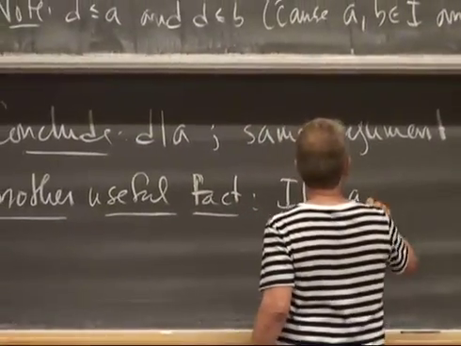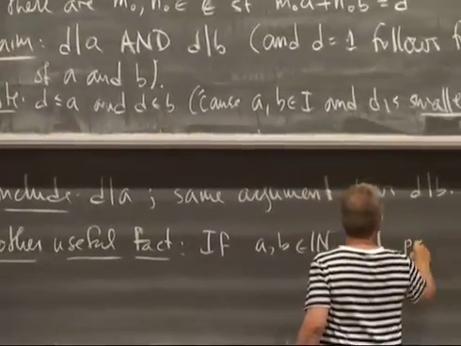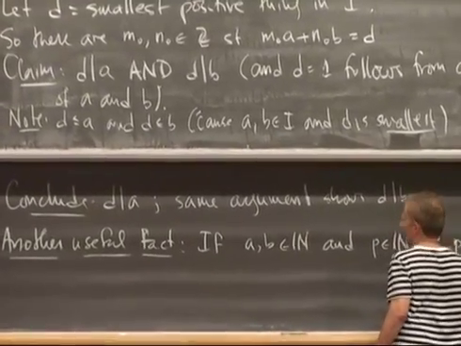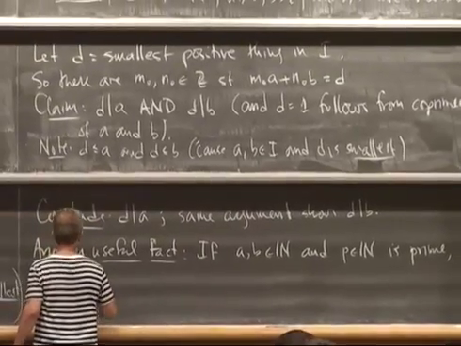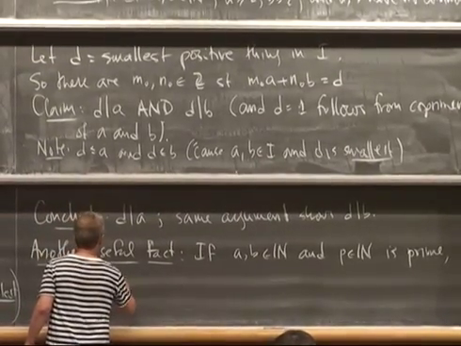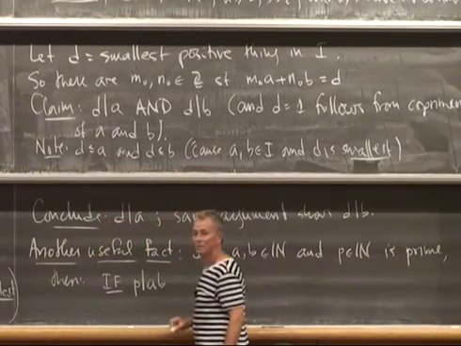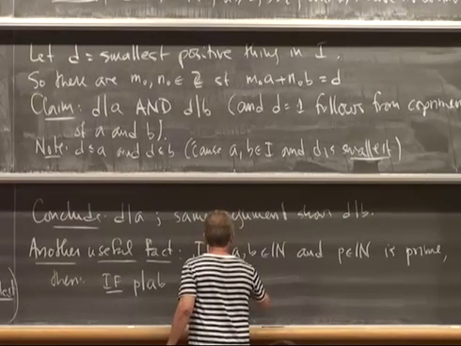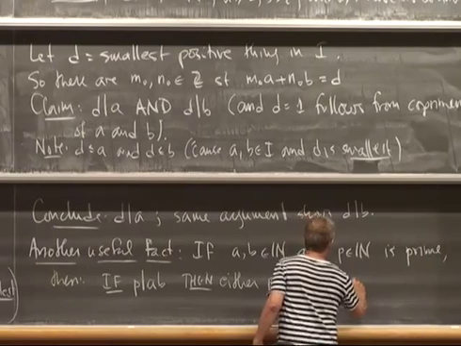If A and B are natural numbers and P is a prime number, then the following condition is true. If P divides the product of AB, then either P divides A or P divides B or both.